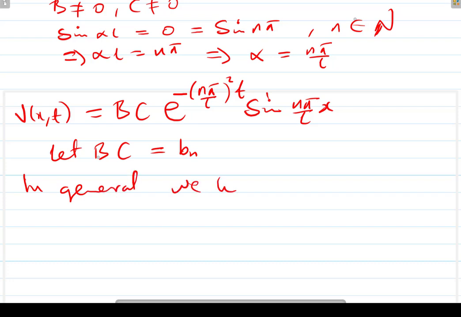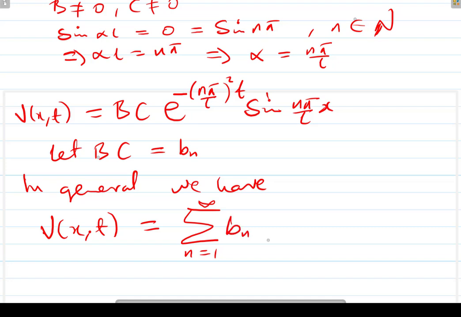we have v of x comma t to be equal to the summation, n running from 1 going up to infinity of, so b c we have said is b n like this, and then you have e to the negative n squared pi squared over L squared, so this must be L squared, and then t.